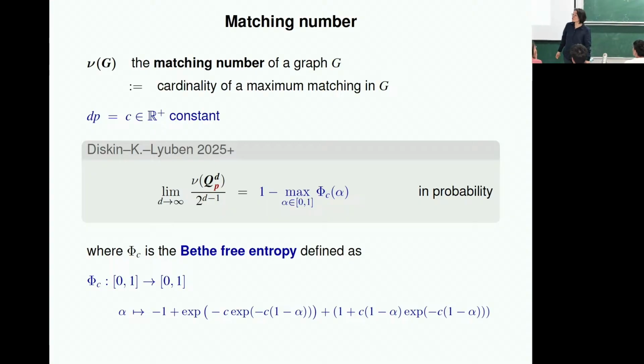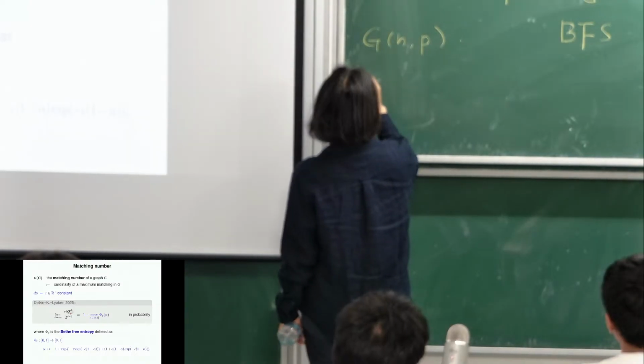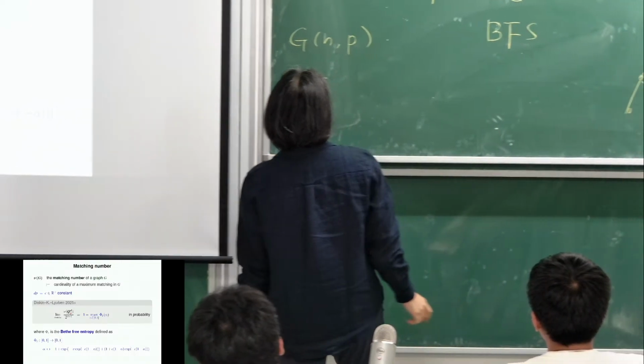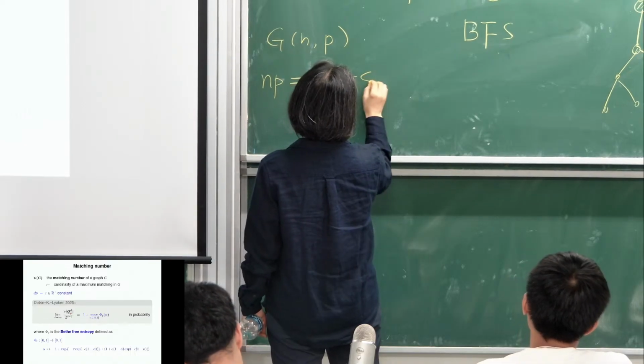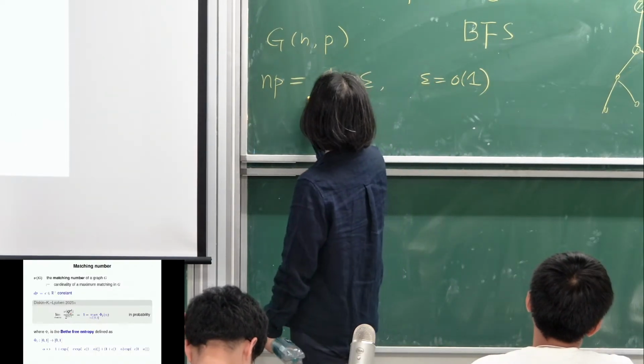If you want to open up the window, it's the so-called critical window. In the critical window, np is 1 plus epsilon, where epsilon tends to 0. It's not enough, indeed. It has 3 regimes.